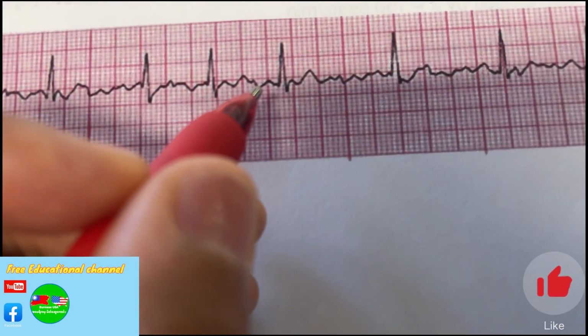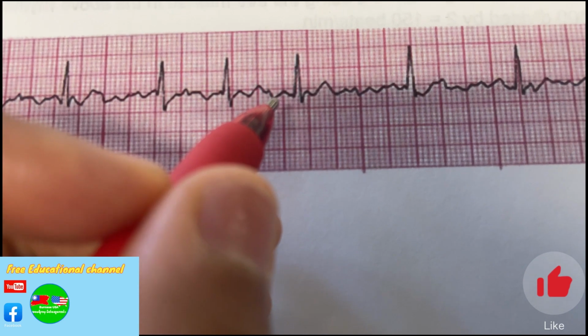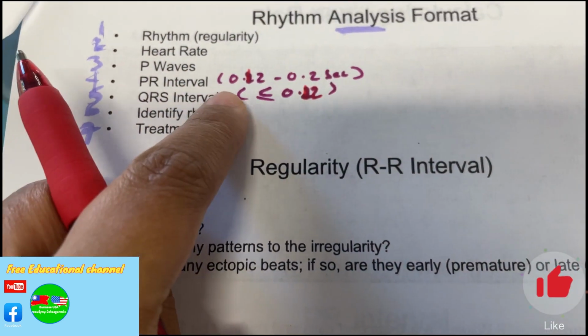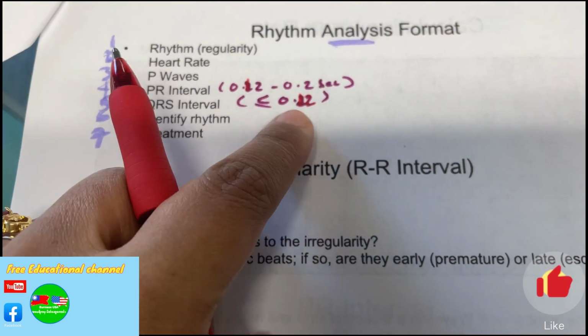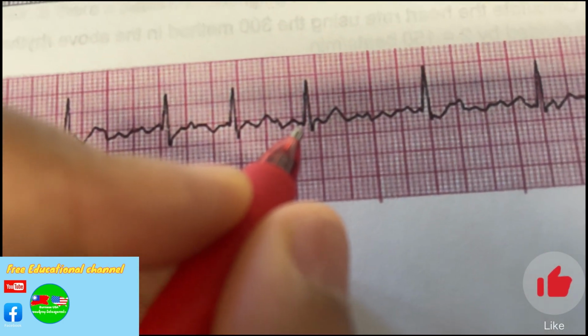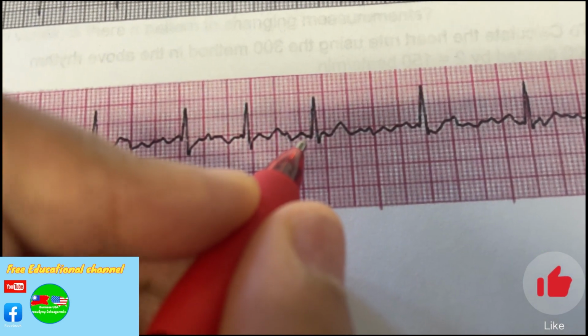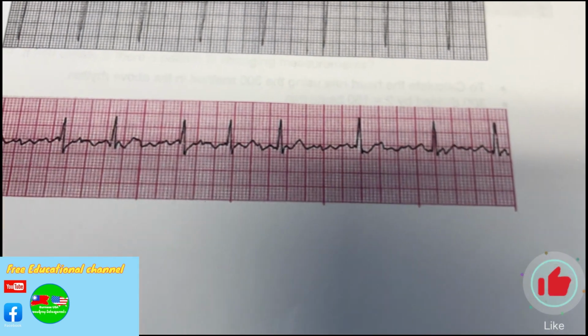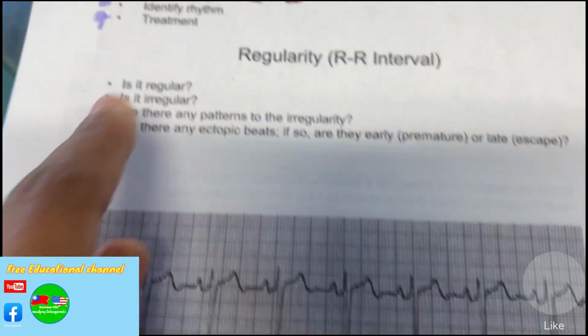I can't really see much, but 1, 2, 3, 4 is about the regular 0.1 to 0.2. And QRS, yes, it's a QRS and it's less than 3 boxes. That's good. But when you're actually identifying the rhythm, it's right here at that step.